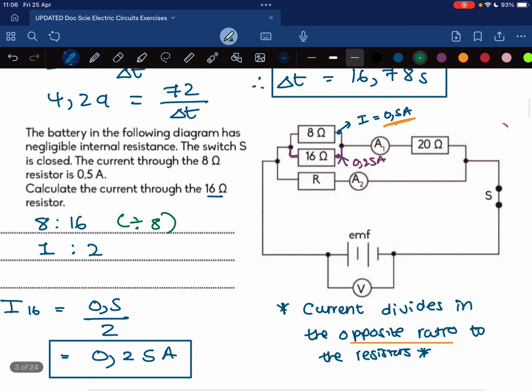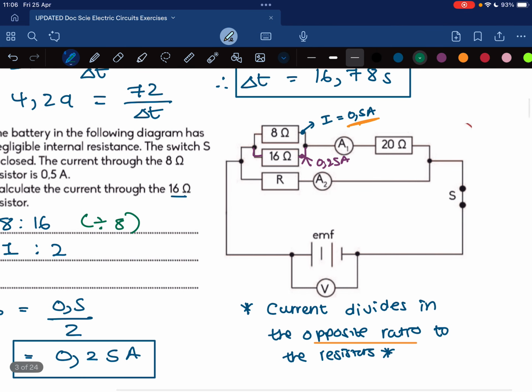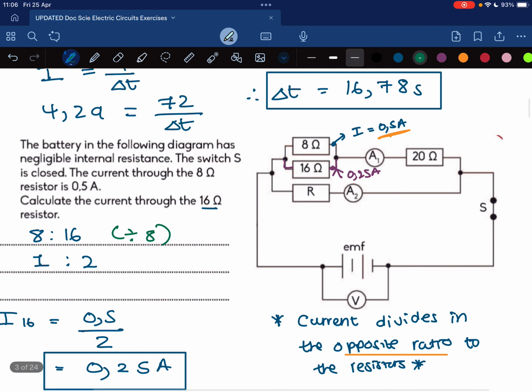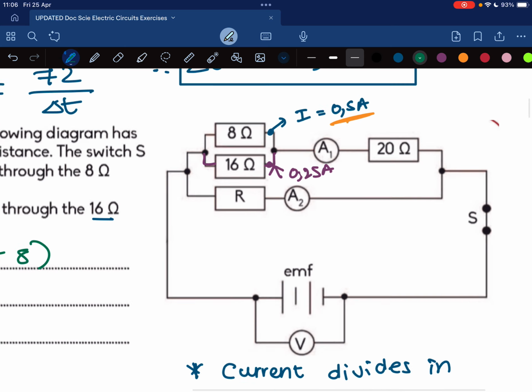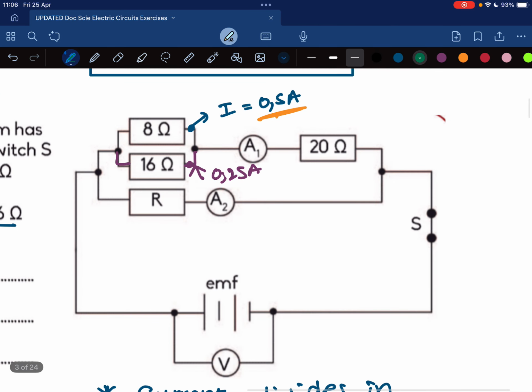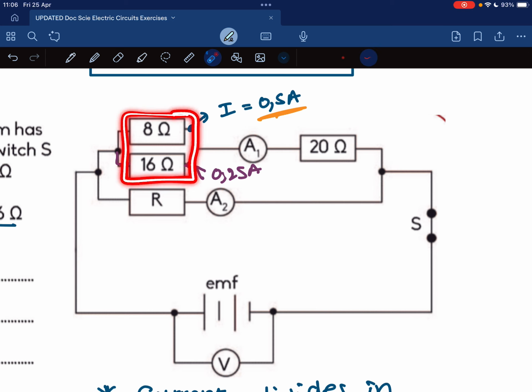Let's start with what I do know. I can calculate the R for the parallel component by starting with this part here.